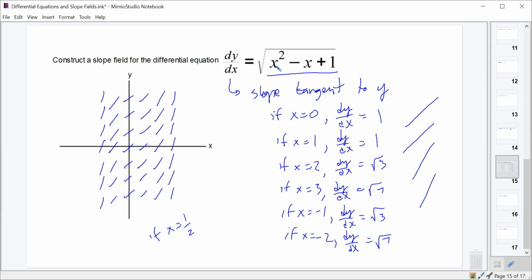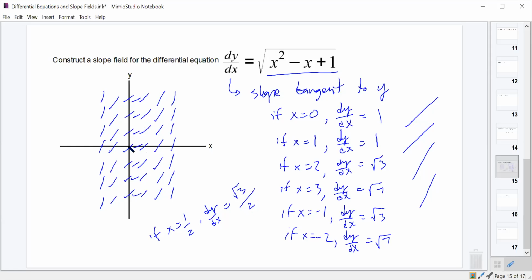A half squared is 1/4, minus a half is -1/4, plus 1 is 3/4, and the square root of 3/4 is root 3 over 2. And root 3 over 2 is a little bit less than 1. So it should be flattening out just slightly in between there, not too much, but a little less than 1, anywhere in between those.